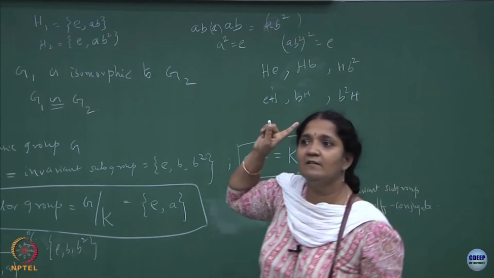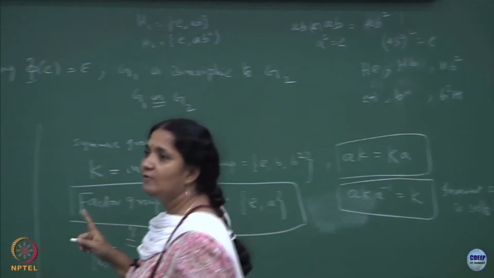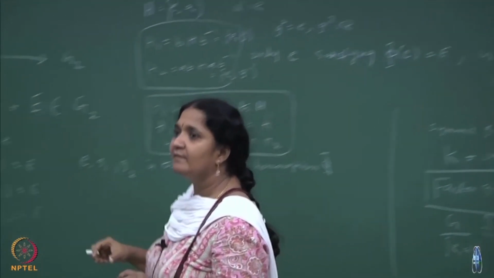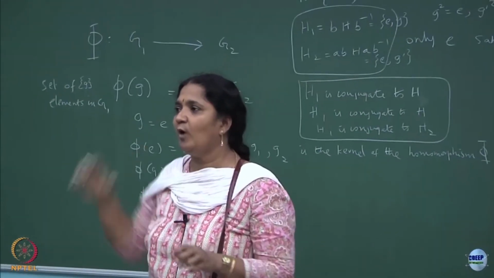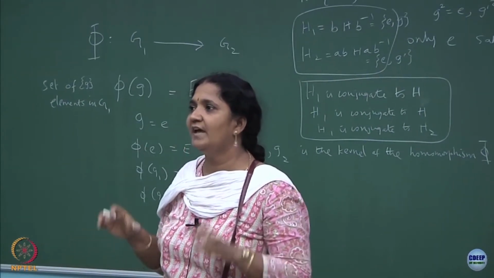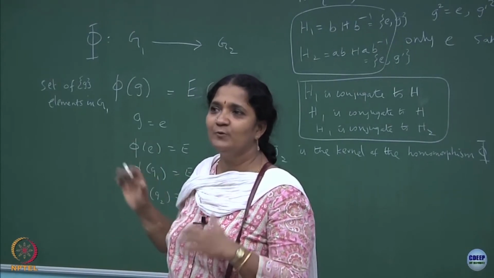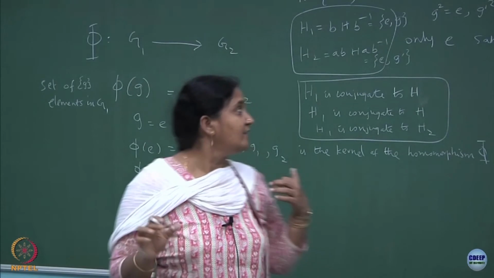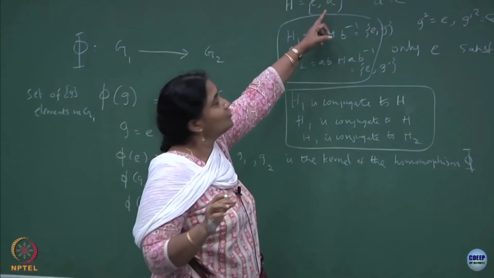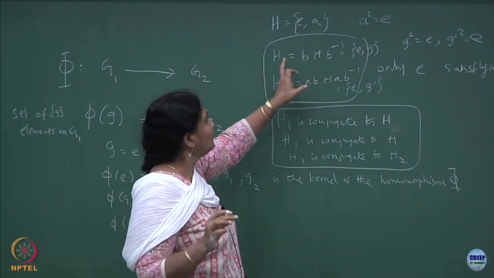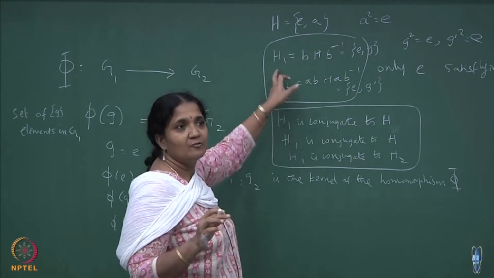Is that clear? The order of a group element which is conjugate to another group element should share the same order. That is why H1, H2, H3 each one had an order 2 element. So, these 2 will have an order 2 element only.